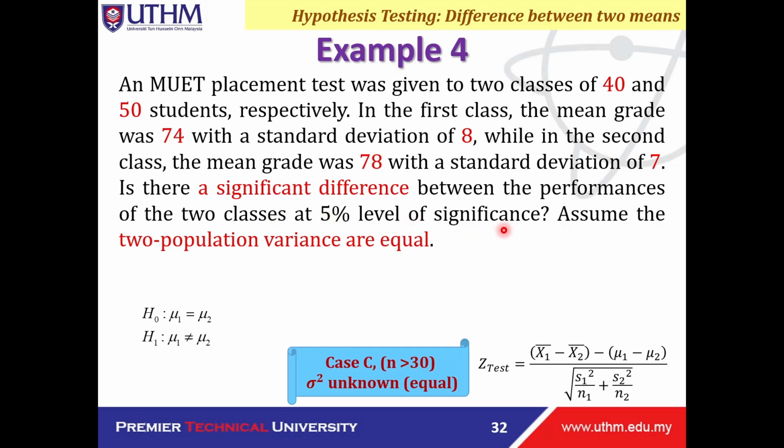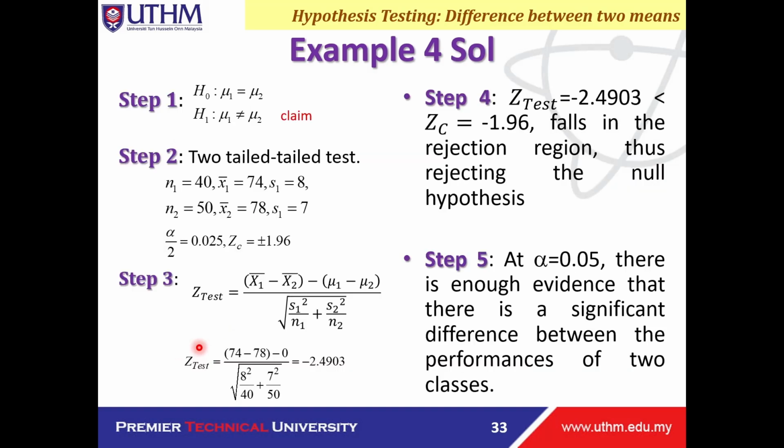At the 5% level of significance, alpha is 0.05. The alternative hypothesis is mu1 not equal to mu2, and that is the claim. So it's a two-tailed test because the alternative is mu1 not equal to mu2.